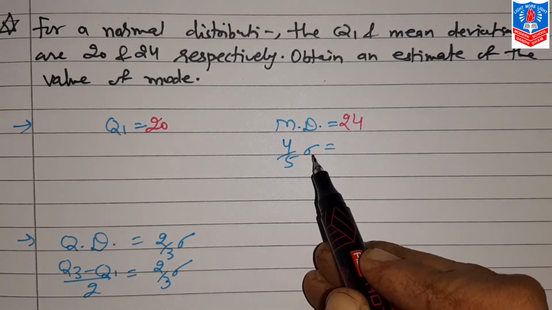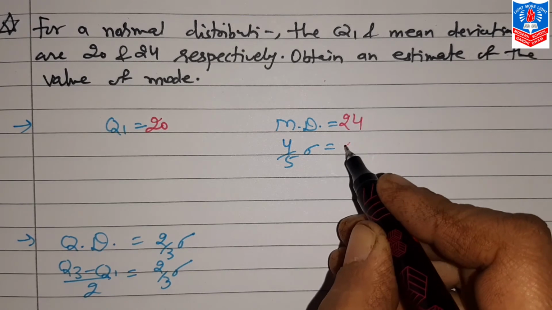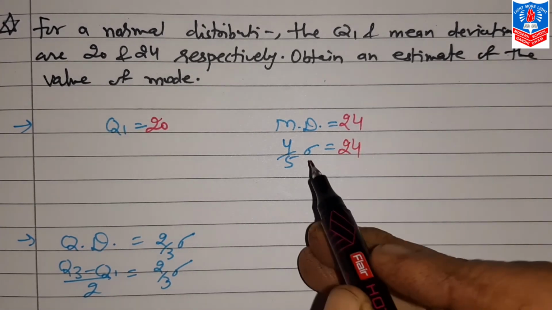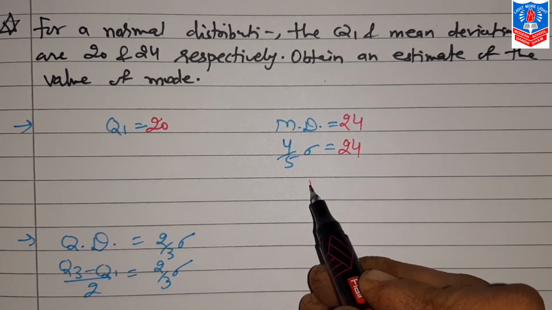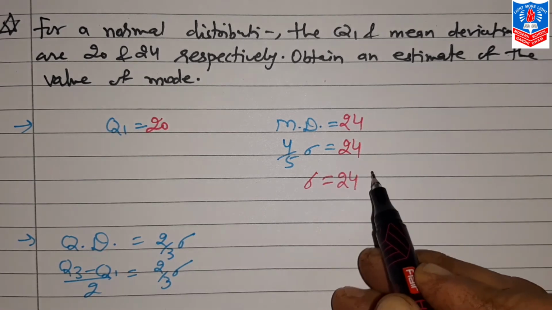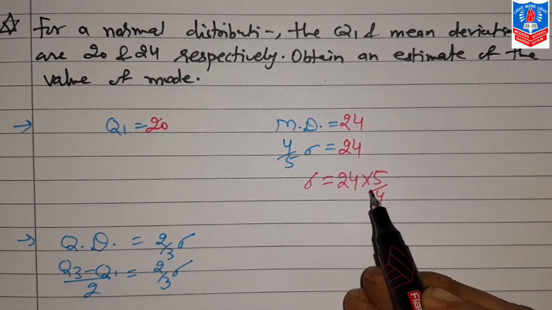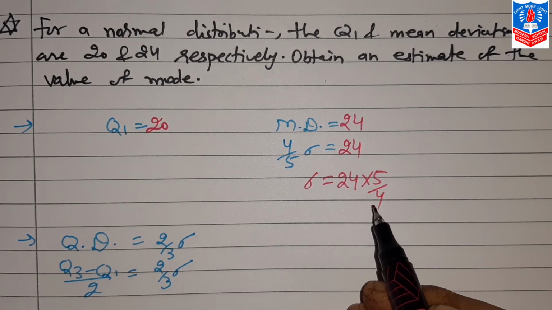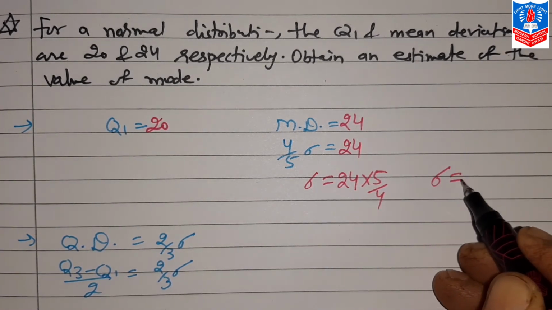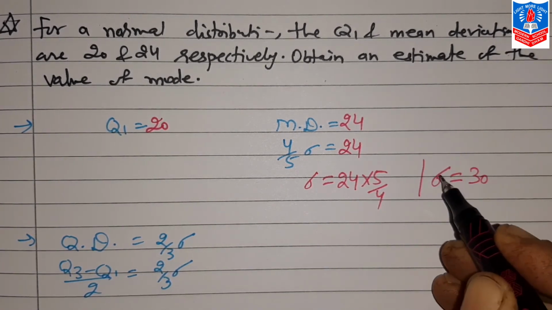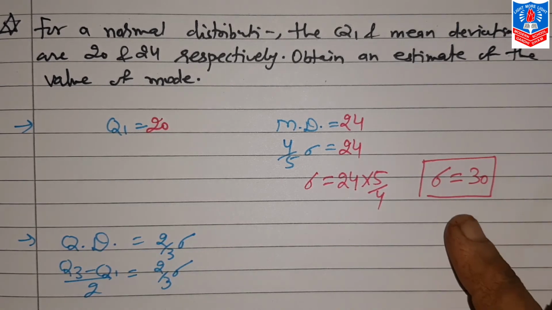So 4 by 5 sigma is 24. Very easily you can find the value of sigma. This will be 24 into 5 by 4, which is 30. That means the value of sigma is 30.